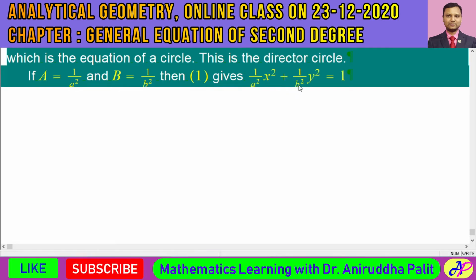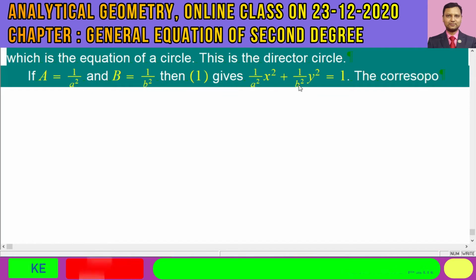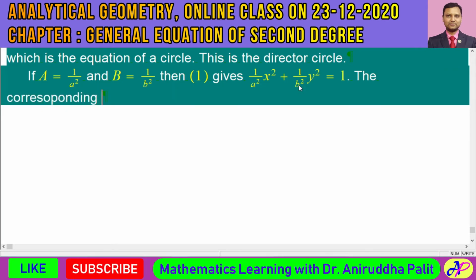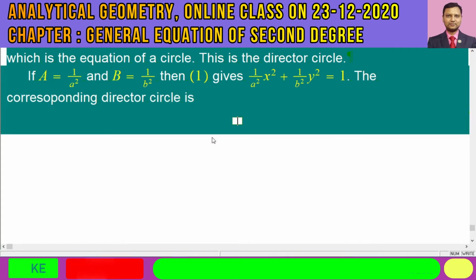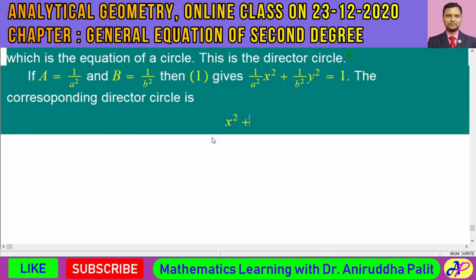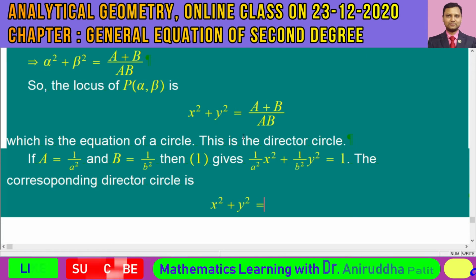Then this would be the equation of an ellipse, and the corresponding director circle, what would be the corresponding director circle? x square plus y square is equal to this kind of expression.